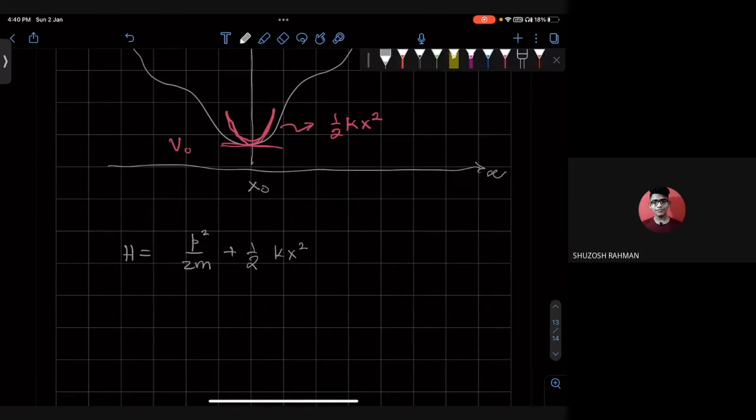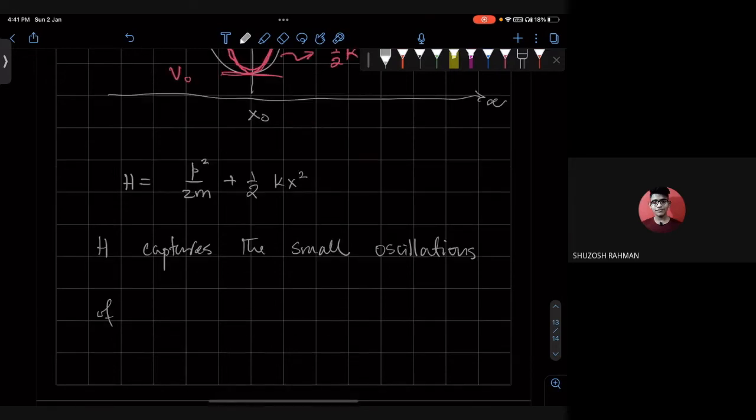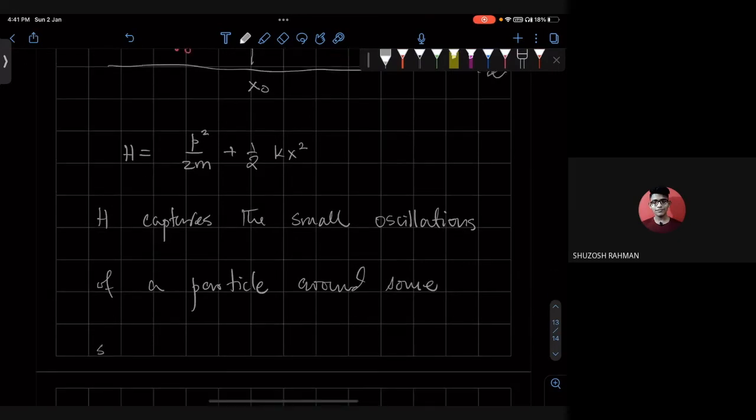This is a very important Hamiltonian because it captures the small oscillations of a particle around some stable equilibrium state. Any questions?